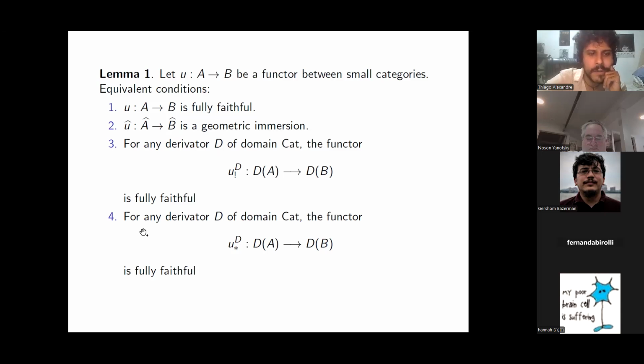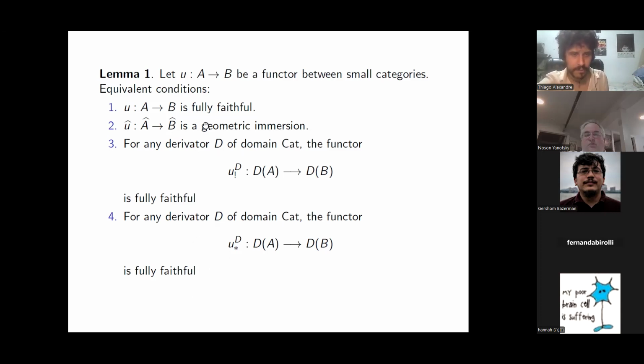Or for any derivator D of the domain category, the direct image, the homotopical right Kan extension with respect to D, is fully faithful. So there is this characterization of fully faithful functors in terms of derivators also.